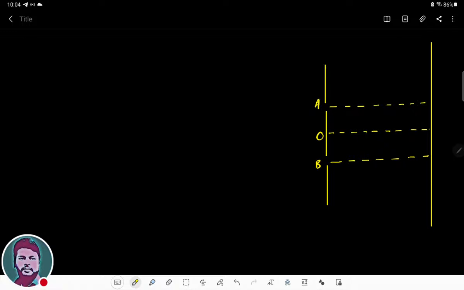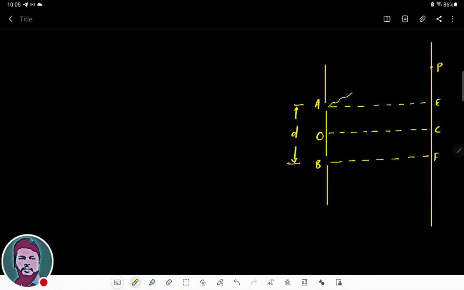All right, now D is the distance between them. Just name these points also. Let's say E, F. And there is another point P where we just want to know the width of the fringe.